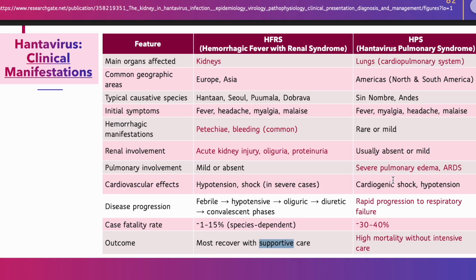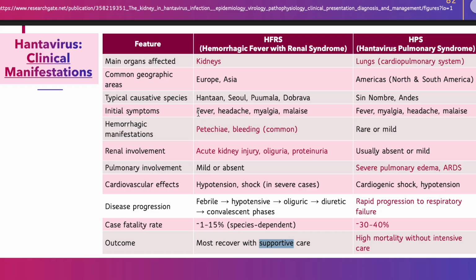So what happened is these causative species like Hantaan, Seoul, Puumala, and Dobrava, this is the name of the species causing the HFRS. Meanwhile, Sin Nombre and Andes cause the HPS.